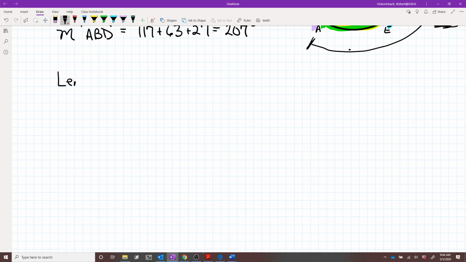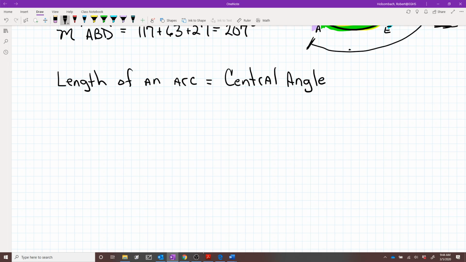So we're going to say the length of an arc is equal to central angle divided by 360 times the circumference of the circle.